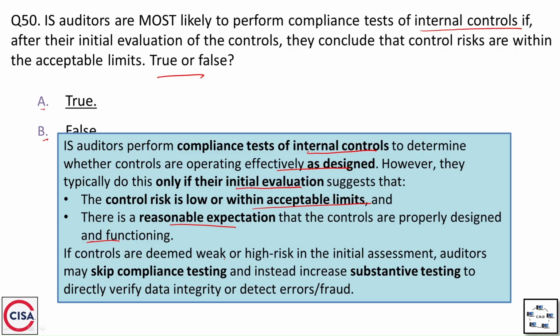If controls are deemed weak or high risk in the initial assessment, auditors may skip compliance testing and instead use substantive testing to directly verify data integrity or detect errors and fraud.